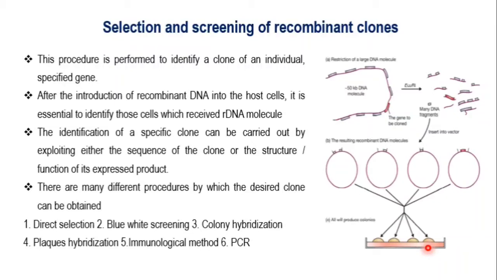These are some of the major and commonly used procedures to identify the desired clone from the mixture of clones. The first one is direct selection, the second is blue-white screening, the third is colony hybridization, the fourth is plaque hybridization, the fifth is the immunological method, and the sixth is PCR.